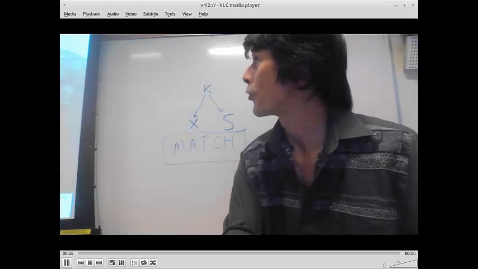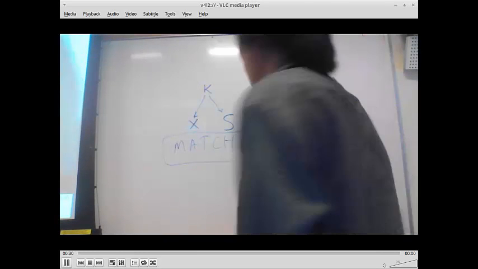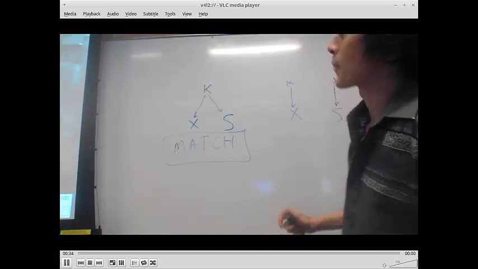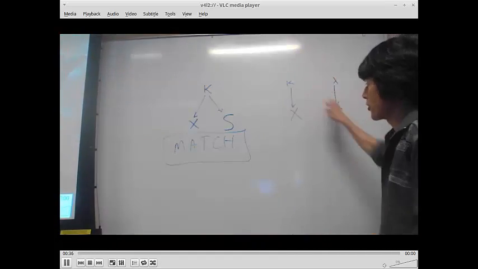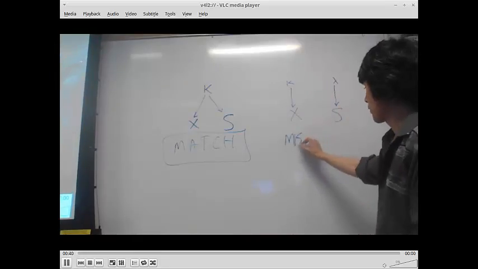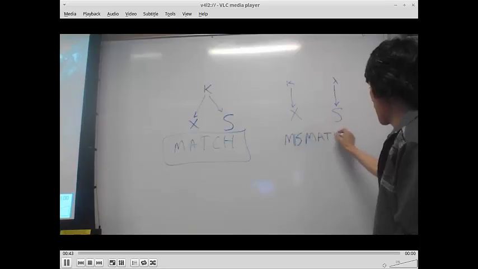This is a way for it to save it to the video. All right, so we've got these two different models here, match and mismatch.